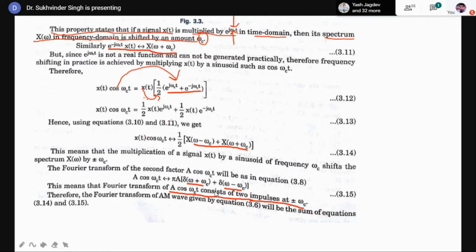So in place of e raised to the power j omega_c t and e raised to the power minus j omega_c t in equation 3.13, now we can substitute.